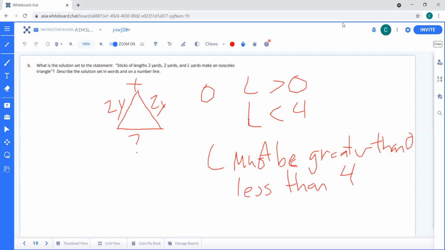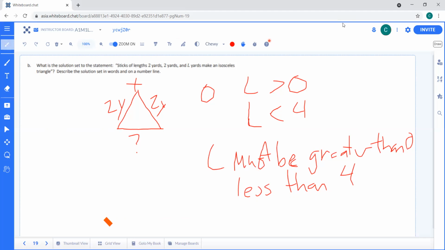If this was something like this, it's still going to be less than 4. It can't be 4 because 4 would be if both of the sides were laid out side by side. If it was laid flat, that's what it would have to be.